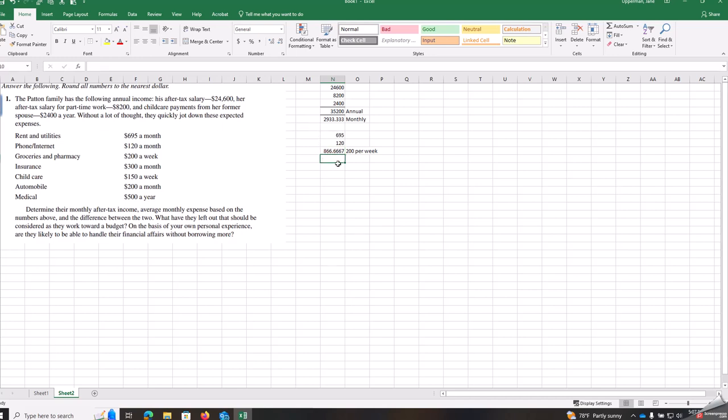Okay, then we're going to come down to $300 a month in insurance. Then same thing with the child care, $150 per week. So I'm going to take $150 times 52, and then divide that total by 12. So that would be $650 a month.